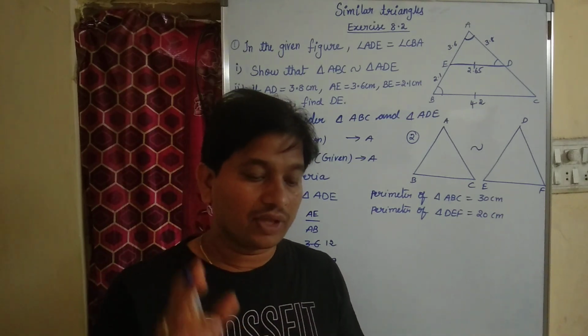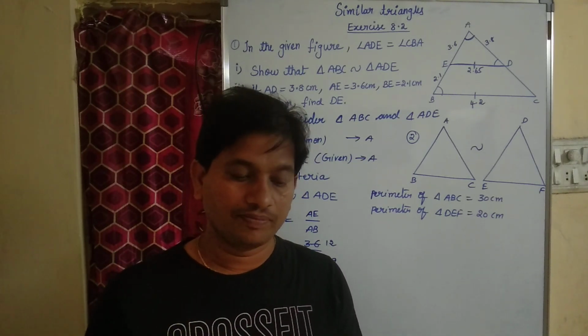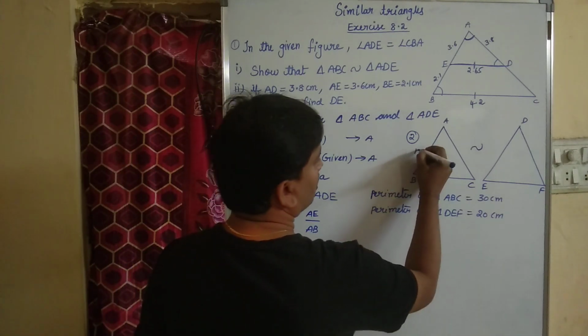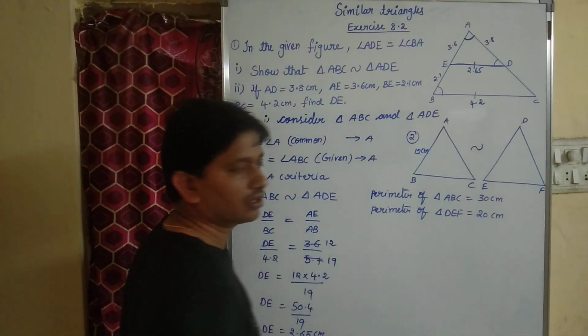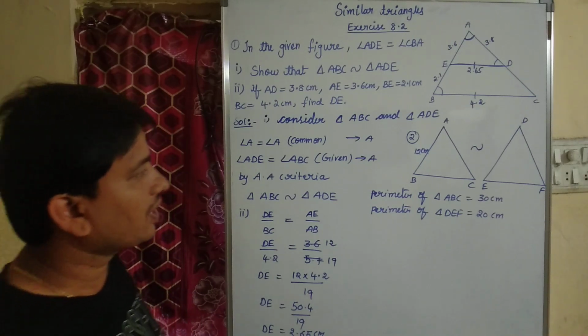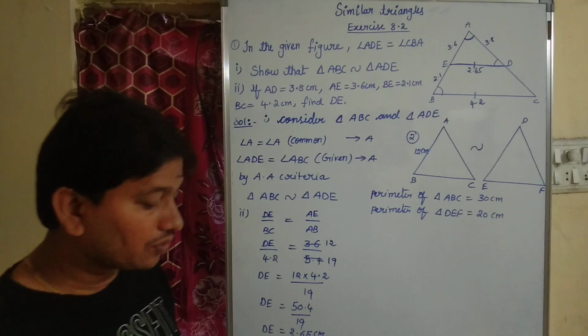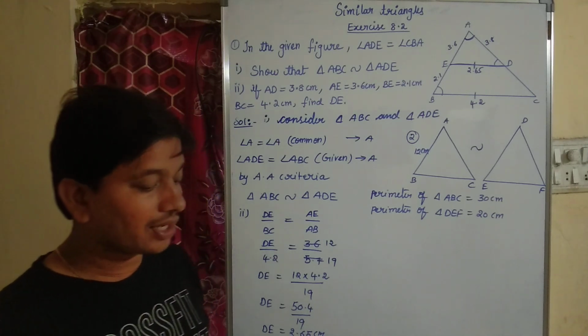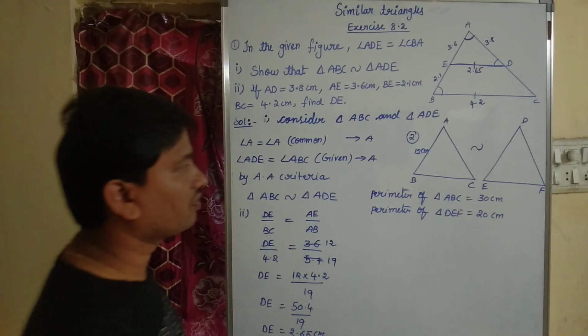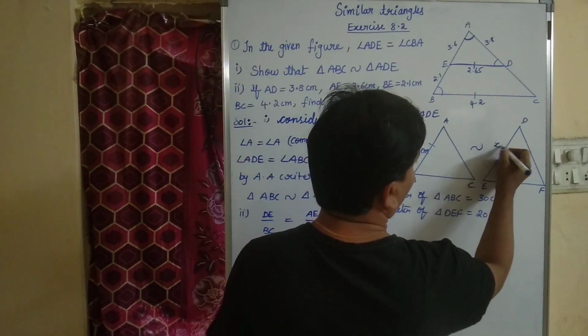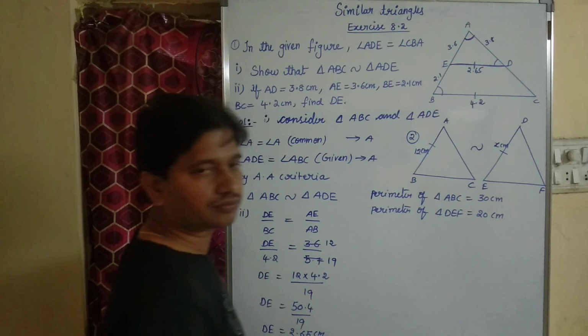One side of the first triangle is 12 centimeter. For example, AB equals 12 centimeter. Now they are asking to determine the corresponding side of the second triangle. What is the corresponding side of AB? The corresponding side of AB is DE, let it be x centimeter.